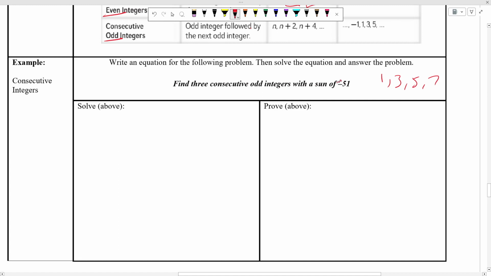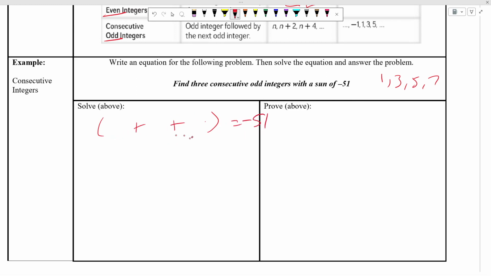Find 3 consecutive odd integers with a sum of, so we now know that when we do word problems, we have the sum of such and such. So the sum of, actually I'll leave a lot more space here. Okay, the sum of, so I know there's going to be some addition happening here, equals negative 51.